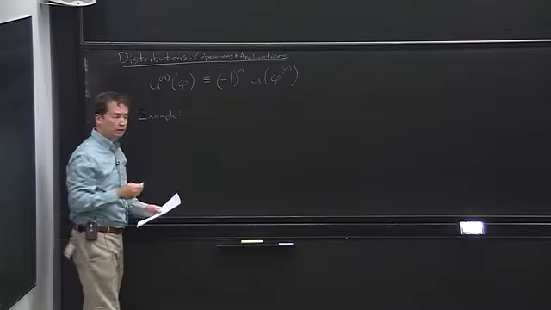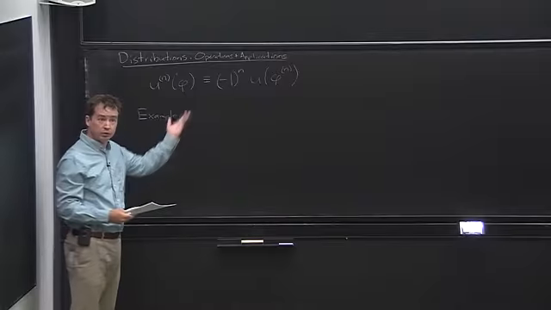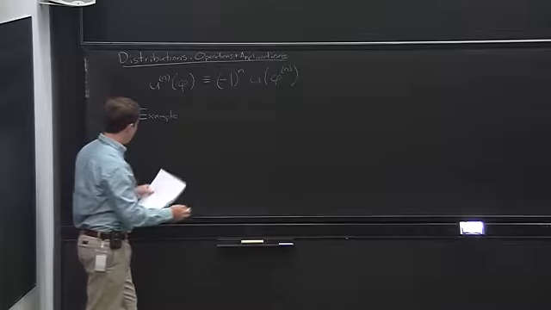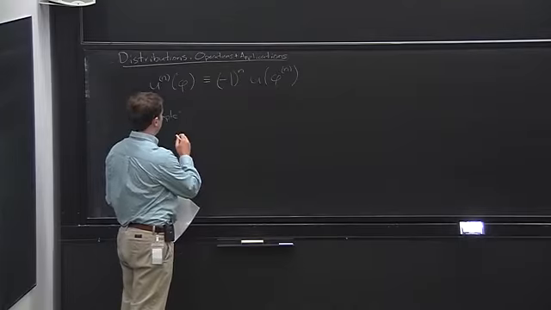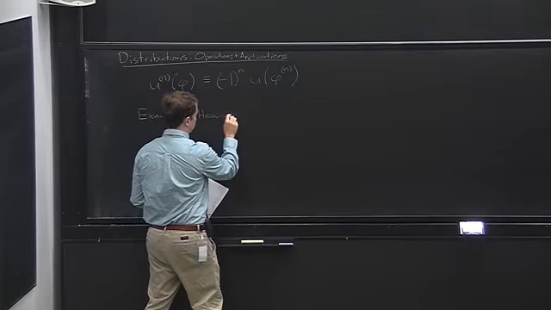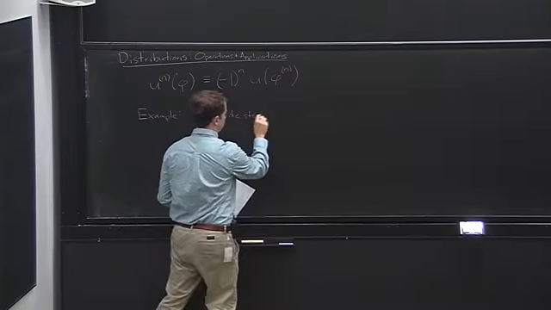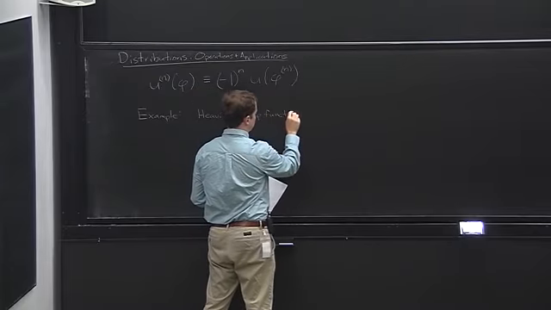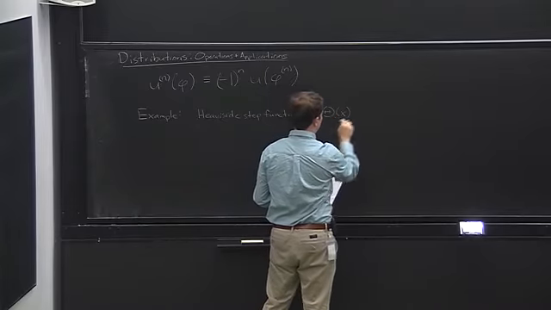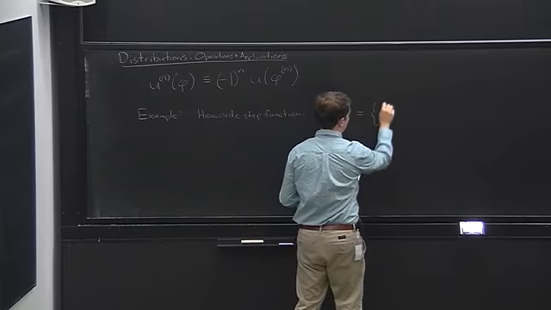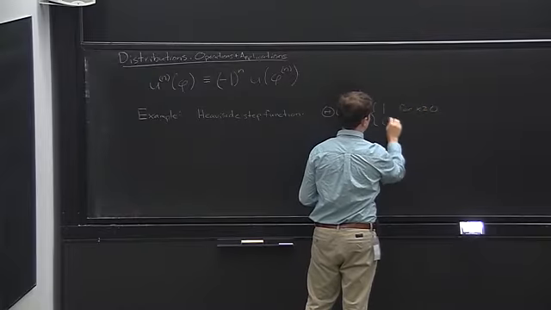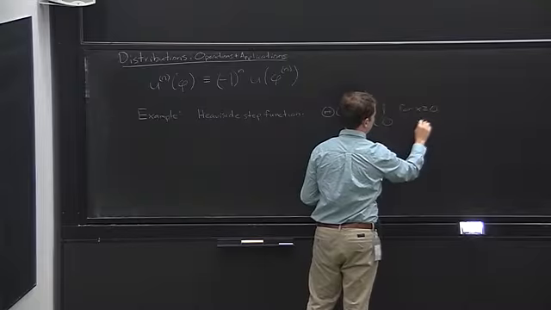One example where I bet you can guess what the result should be, but let's just use our new formalism to make sure that everything works as we expect, is if we want to take the derivative of the Heaviside step function, which is just defined to be 1 for x greater than or equal to 0, or 0 for x less than 0.